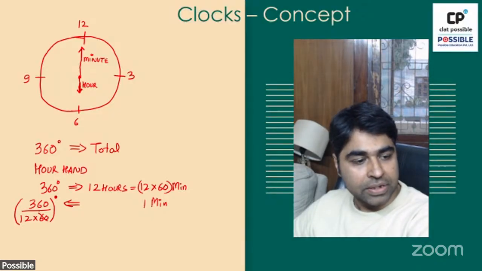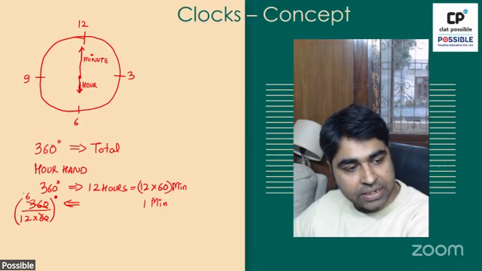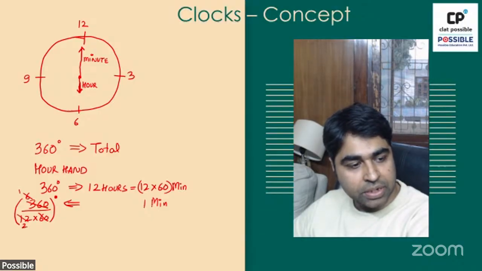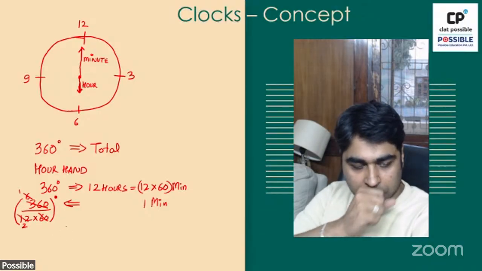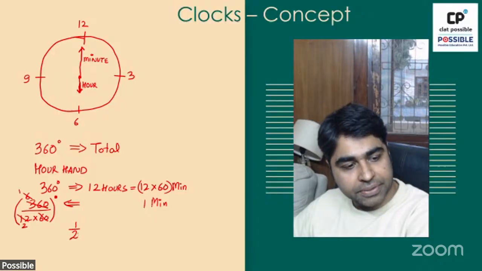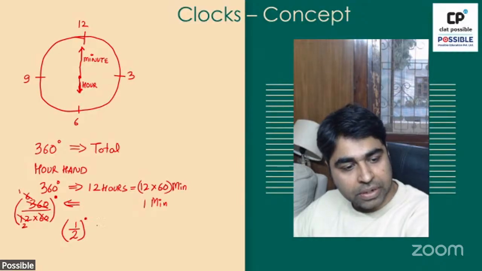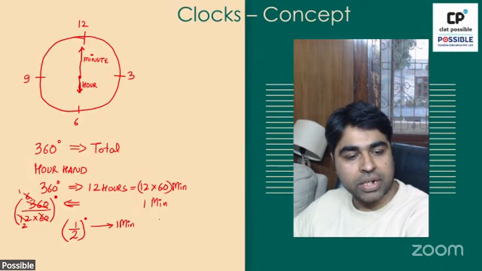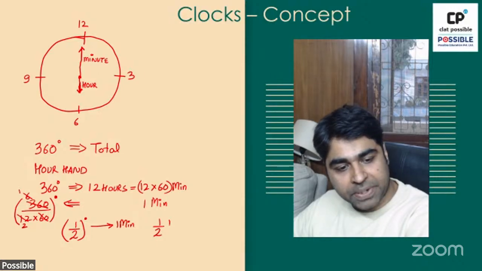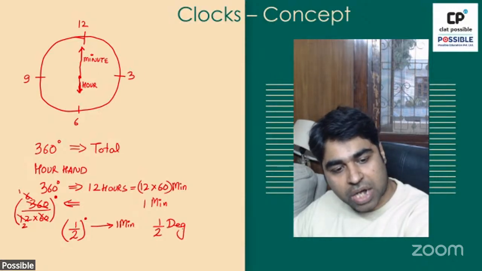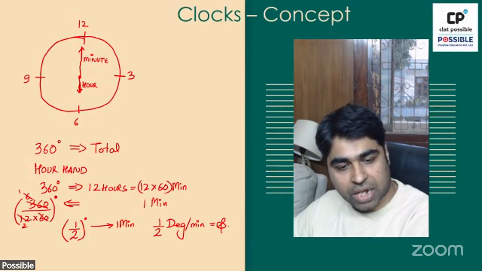So 60, 6, 6, 1, 6, 2, it will be half a degree movement in 1 minute. What do we call it? We call it the speed of the hour hand is half a degree per minute. This is what we will be calling the speed of the hour hand.